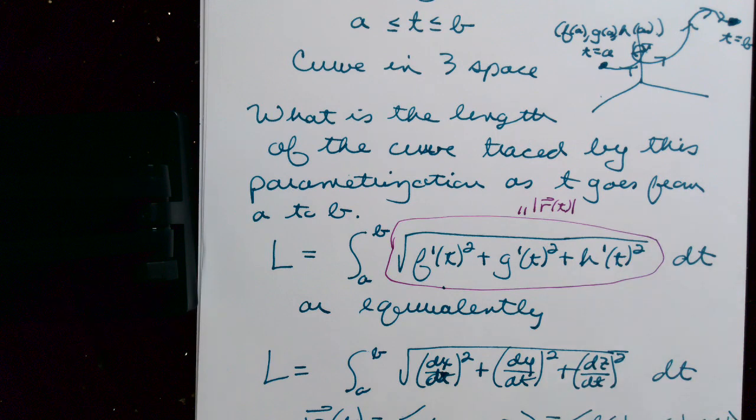Because how do you take the length of a vector? You take each of its components, you square it, add them up, and then take the square root.